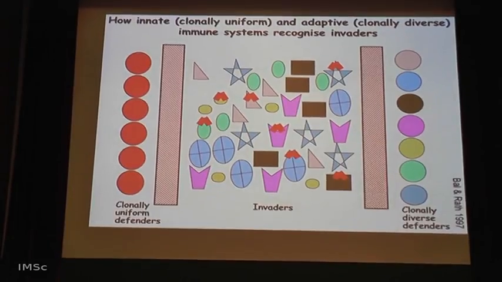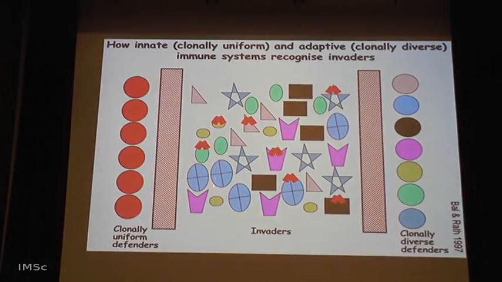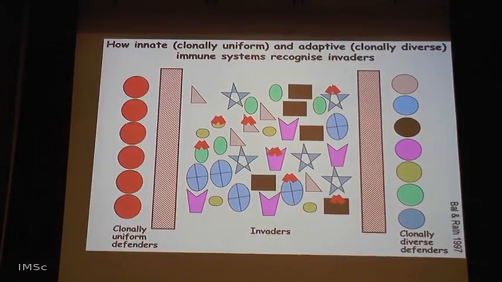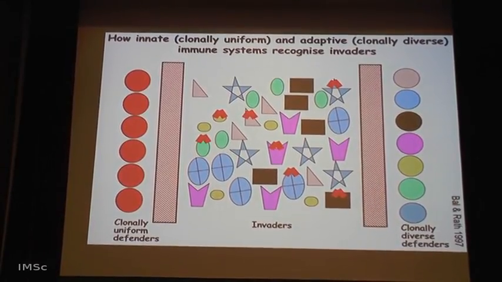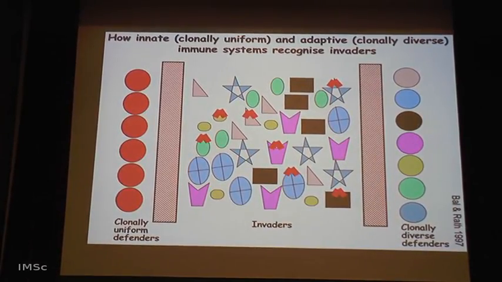So I don't want to go through this, but all I am saying at this point is illustrated in this cartoon. This is a set of microorganisms, and these are barriers which are there, natural barriers, and there are two broad ways in which the invaders, as I am going to call them, are recognized.